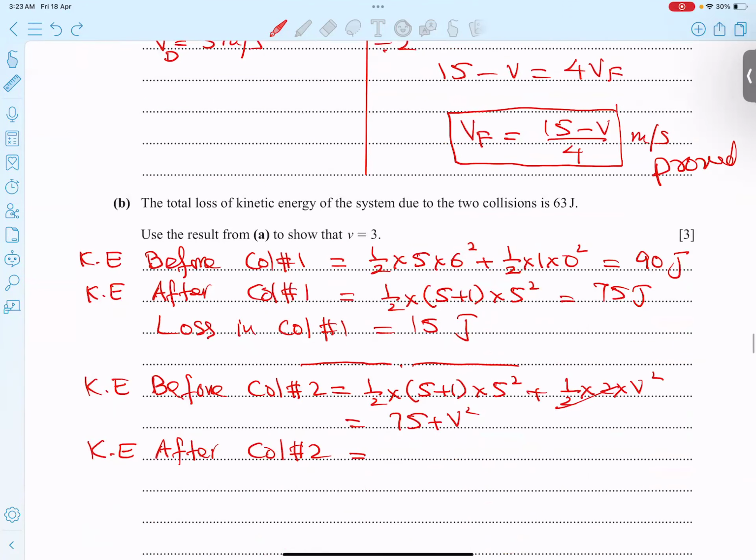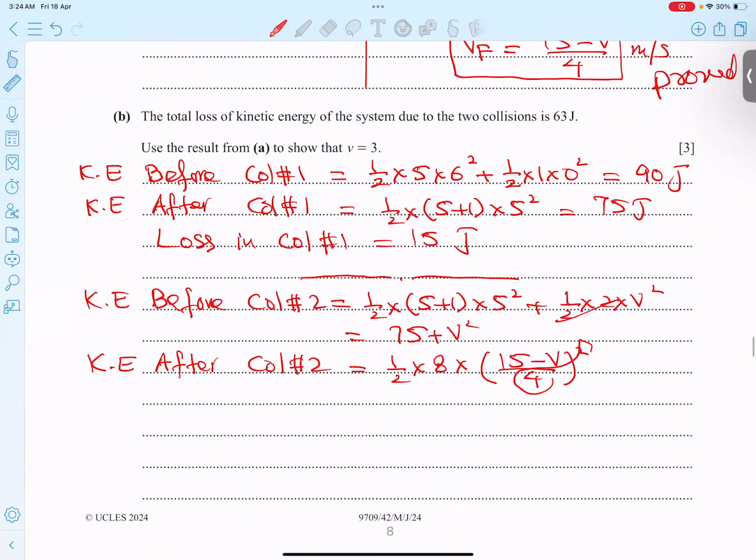So I'm writing here half into mass 8 and speed is (15 minus v) over 4, whole squared. And this square of 4 is 16, 8 4s are 32. So it becomes finally (15 minus v) whole squared over 4, 2 times 16 is 32, 16, 4.